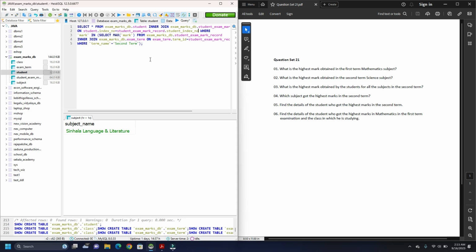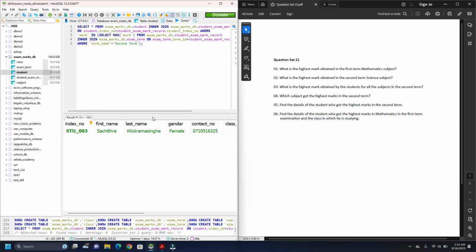And let's go ahead and execute the query, and there you go. We get the details of Sachitra Wickramasinghe, who got highest marks in the second term.